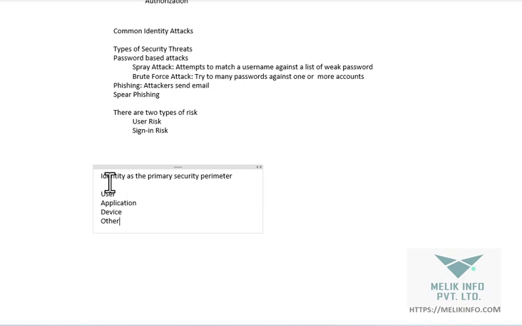When we talk about today's era, our traditional perimeter based security model is no longer enough.